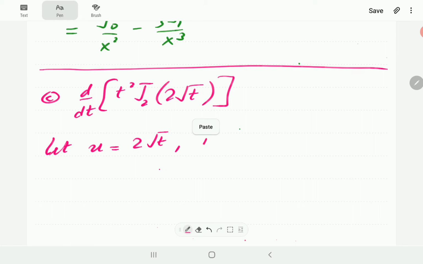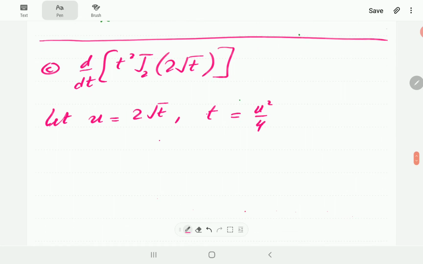So from here you can see that square root t is going to be u over 2. So t is going to be u squared over 4. So that means t squared is going to be u to the power 4 over 16. Then the derivative dt is going to be dt du times du.